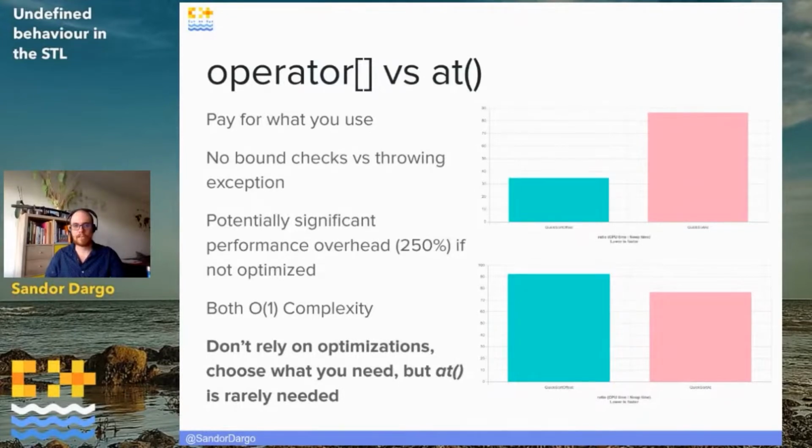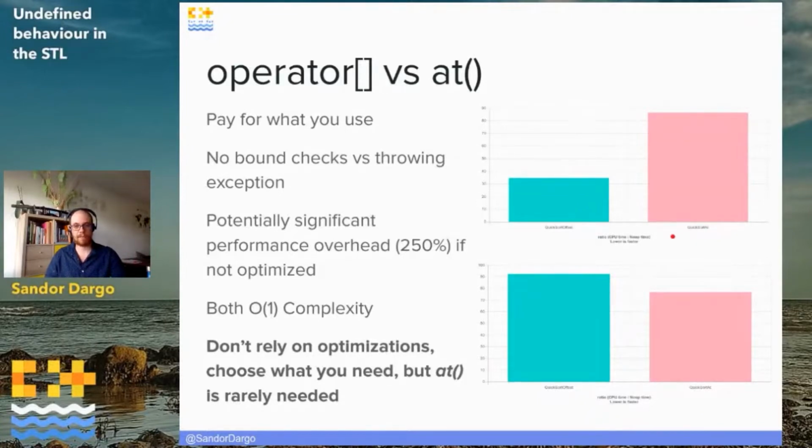So what you can see on the right side is the quicksort algorithm evaluated by QuickBench. And here on the top, I didn't use any optimization. And here in green, with the lower value, you have the version where the offset operator is used. And here we used at. Otherwise, it's the same quicksort. The difference is about 250%.